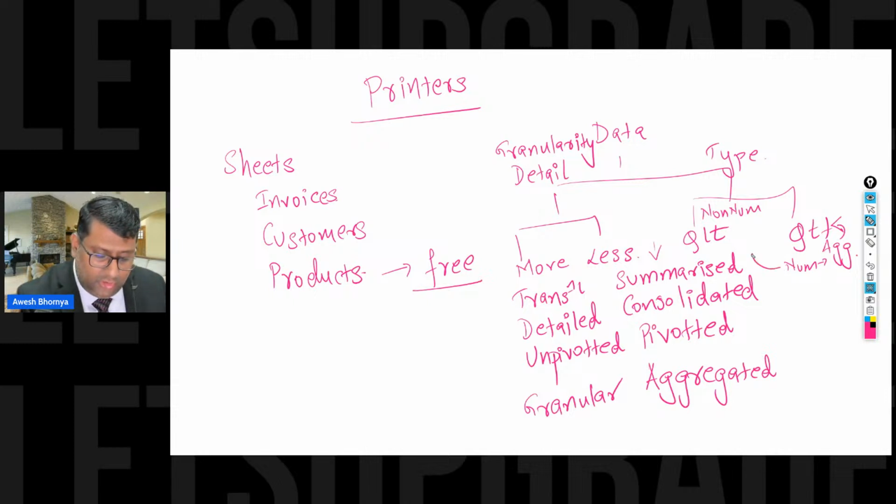If it cannot be aggregated, or when you aggregate it, it doesn't make sense, it is qualitative. For example, roll number, or maybe Aadhaar card number, or numbers which don't really make sense and are just there for identification purposes. That is qualitative data.